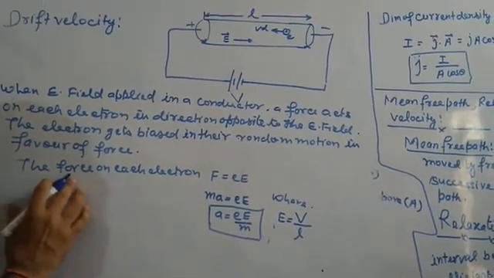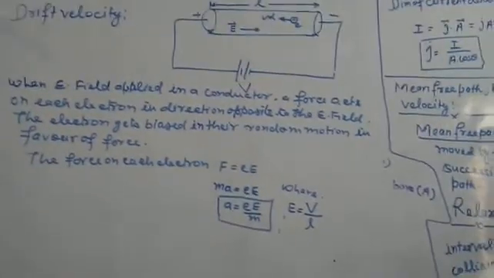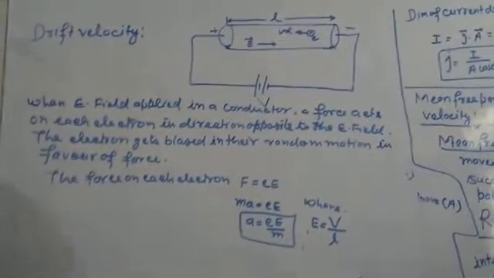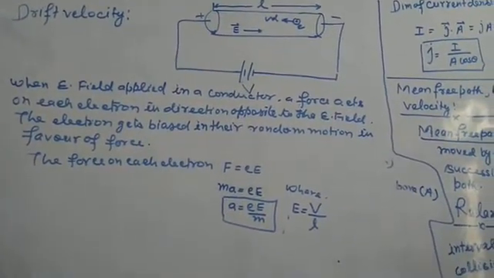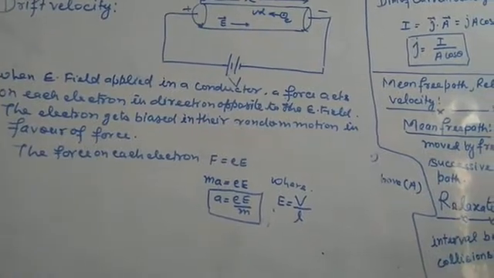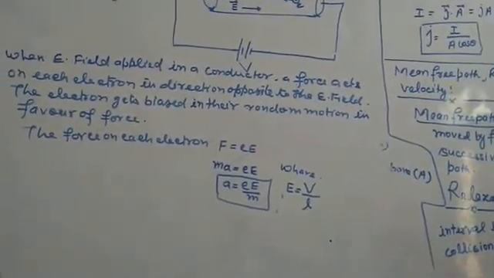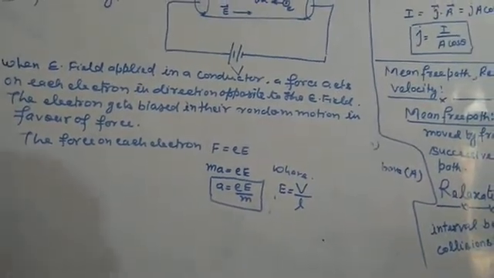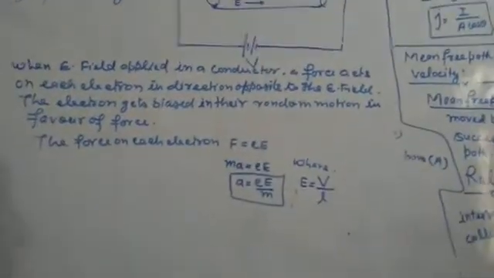The potential difference of the battery does not provide accelerated motion to the electron, but simply gives them a small average velocity known as drift velocity.